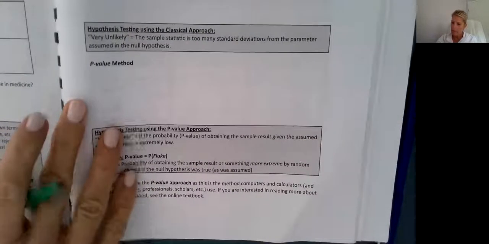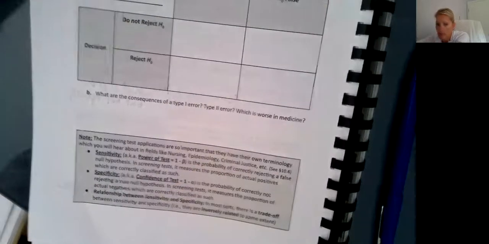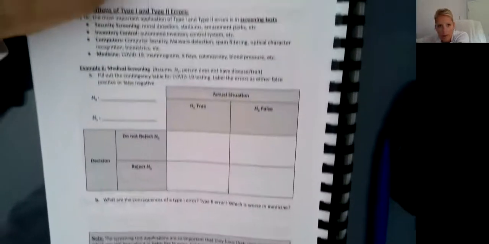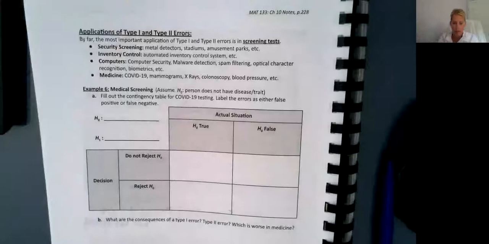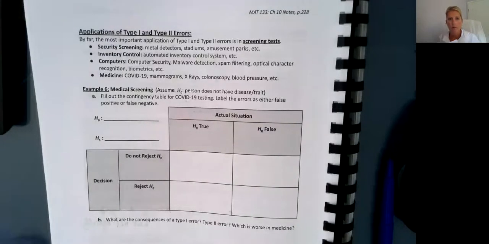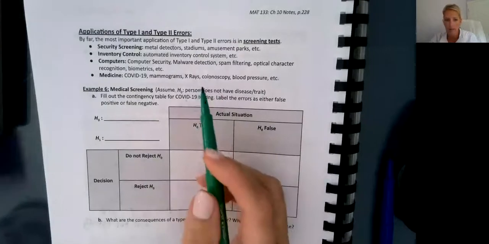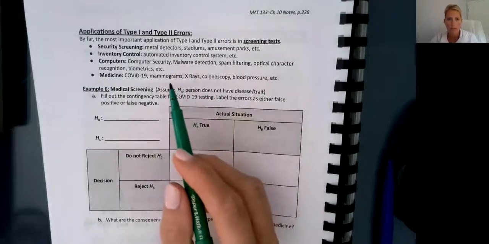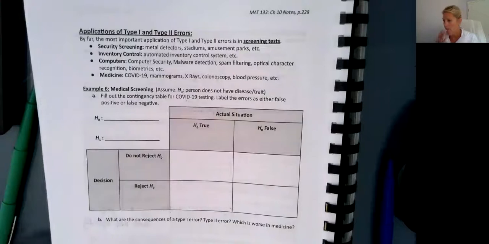Let's go ahead and flip to the last page of 2.1 on page 228. And we are going to talk about applications of type 1 and type 2 errors. So by far the most important application of type 1 and type 2 errors is in screening tests. So we have all sorts of screening tests that we use.